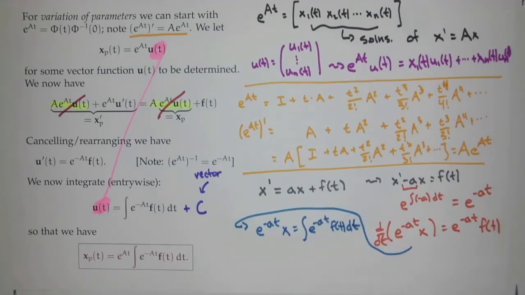Our goal is to solve for x. We're almost there. What's the last thing for us to do? Multiply both sides by e to the At. So x is e to the At times the integral of e to the minus At f of t dt.